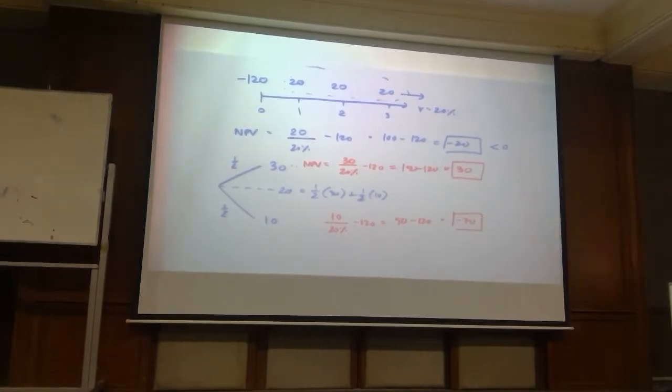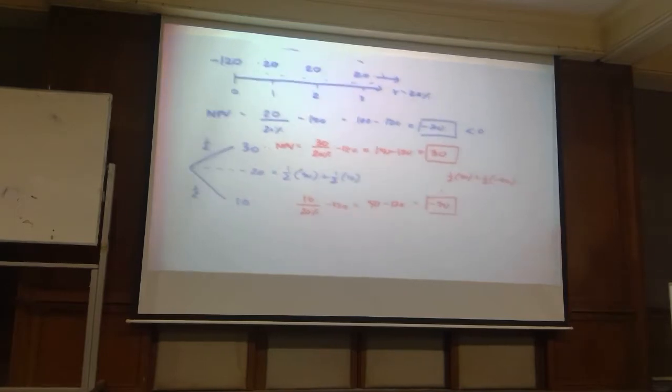Okay, so let's take the expected value of this and this. Probability half that the value of the project is 30, or another probability half that the value of our project is minus 70. The expected value of this is precisely the minus 20 that we originally got.